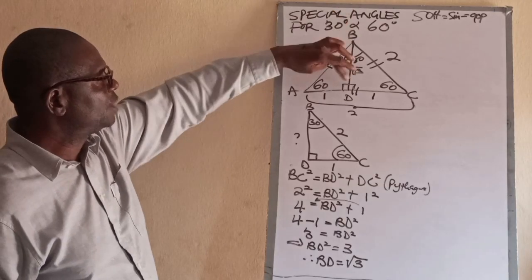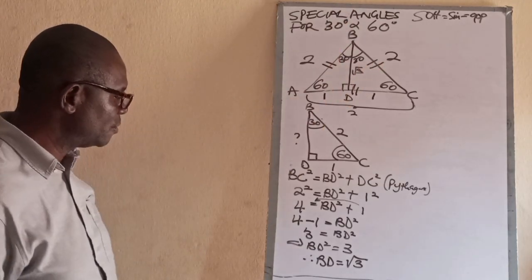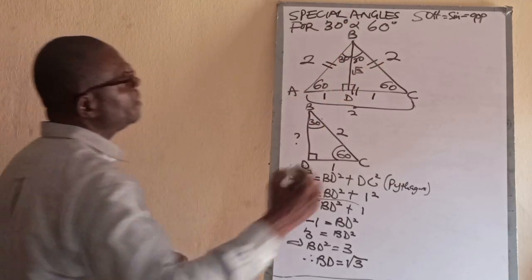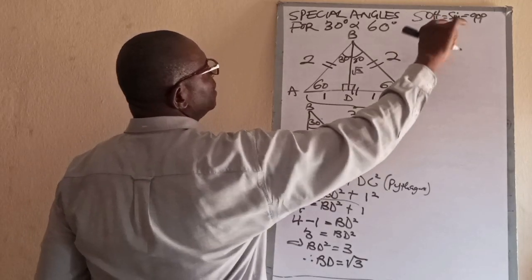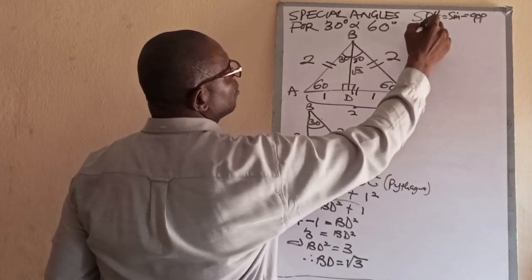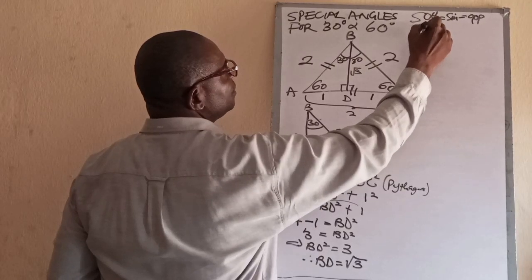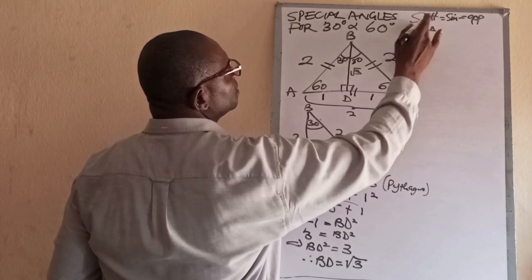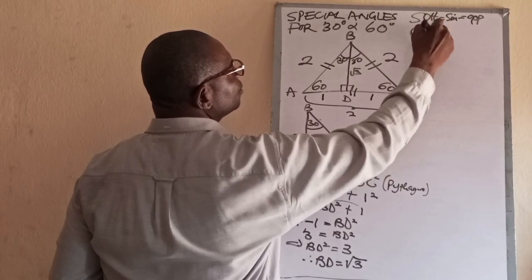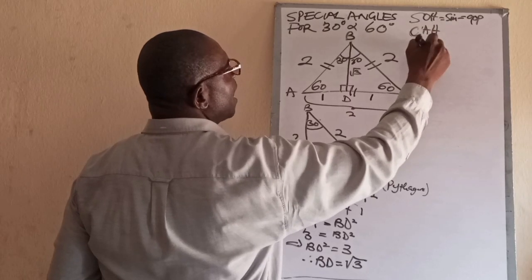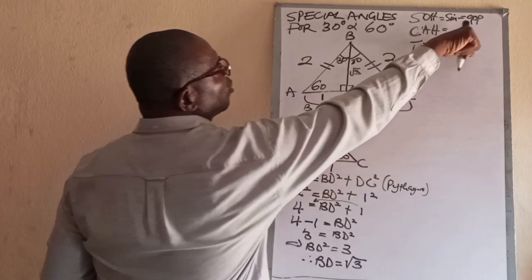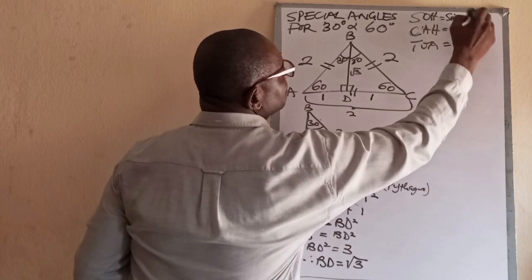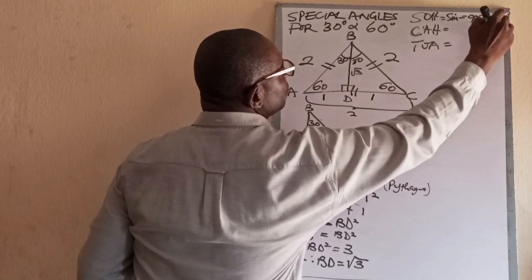This is how, by Pythagoras, we are able to get our altitude, the height of the triangle. Now, you remember your SOHCAHTOA. SOH: sine is equal to opposite over hypotenuse.